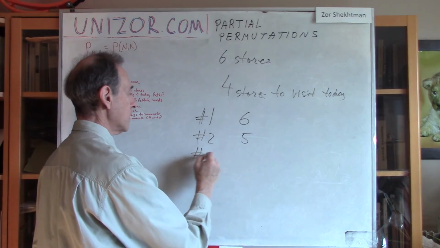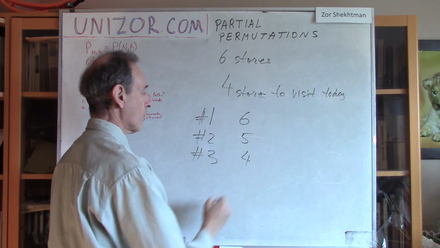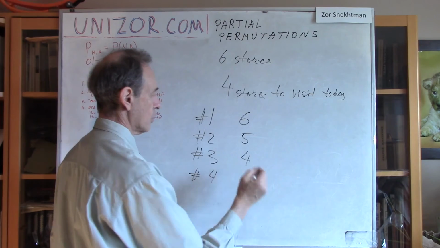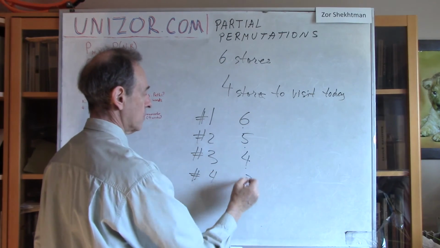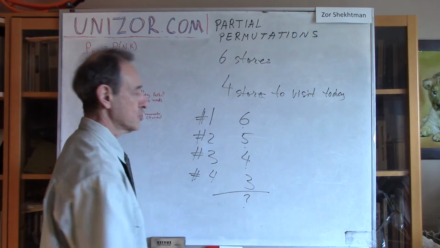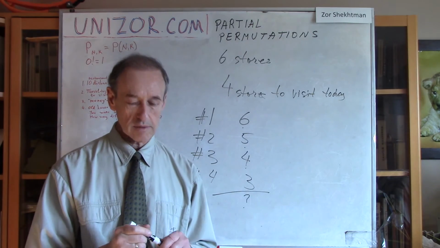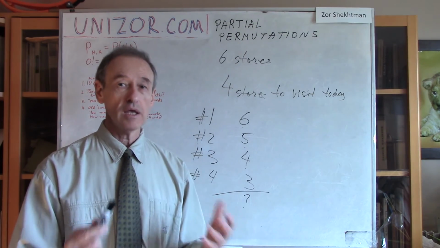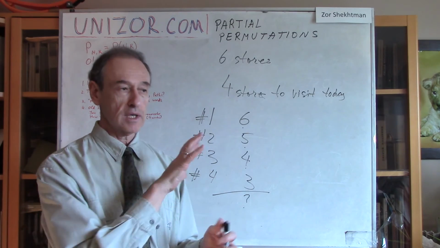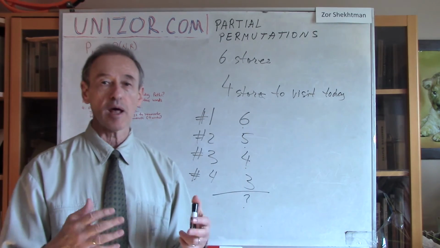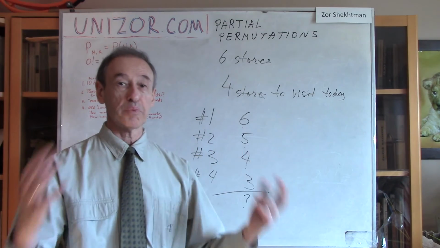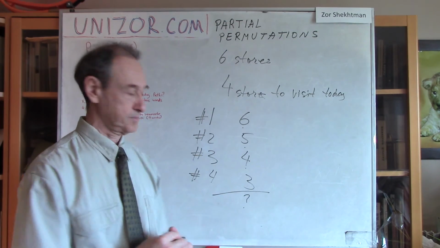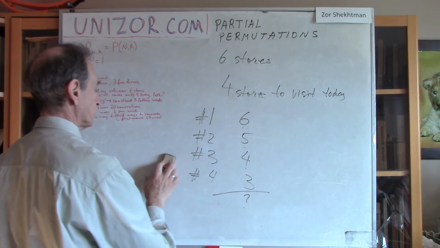Then for the number 3 store, he has only 4 choices, and for number 4, he has 3 choices. If you multiply them, you get something which you will calculate, and that's the answer. That's how many different plans for the day he might actually have.